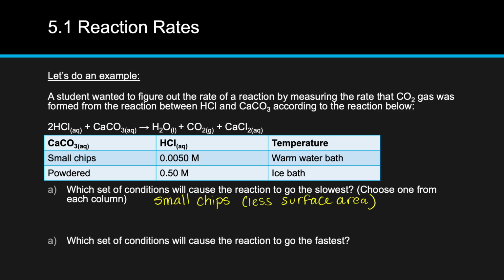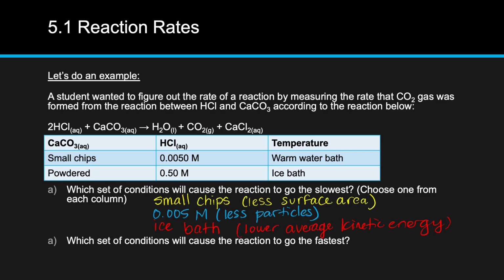Then moving on to concentration, if we want a slower reaction, we want less particles, which means a lower concentration. So that's going to be the 0.005 molar. And then looking at temperature, we know an increase in temperature is going to increase rate. So if we want to have the slowest reaction, we want to decrease temperature, which would be the ice bath.